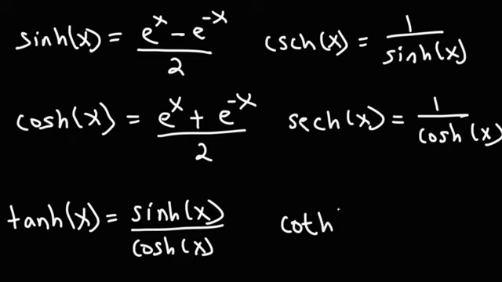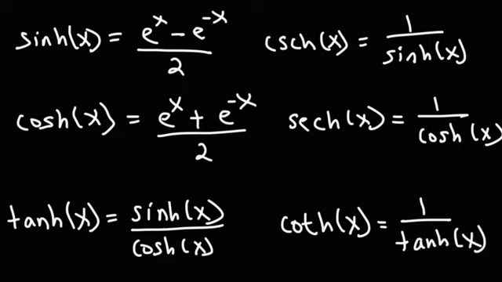And hyperbolic cotangent is 1 over hyperbolic tangent. So those are the basic formulas that you want to know when it comes to hyperbolic trig functions.